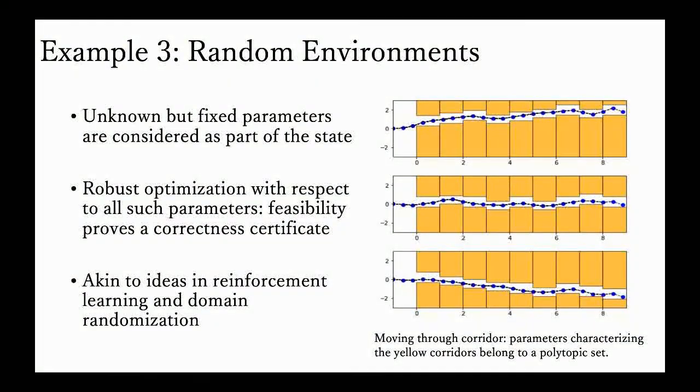So once we design our controller to be robust versus all of these polytopes, then we have the certificate that the system is going to work under all possible environments. And these three examples are just three randomly generated environments. The optimization problem was solved offline for all environments.